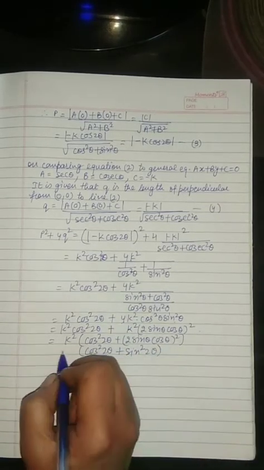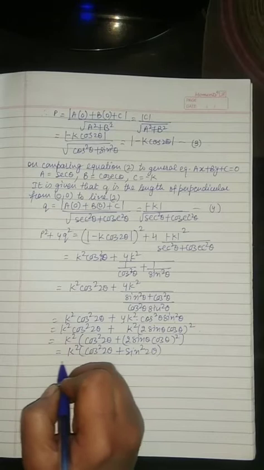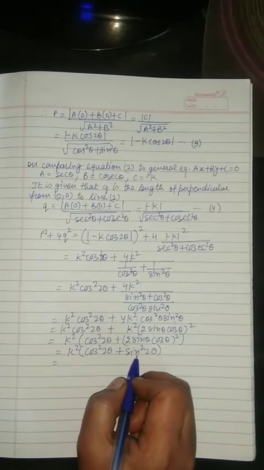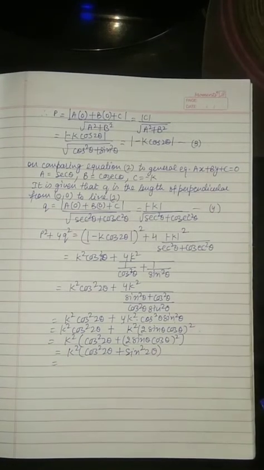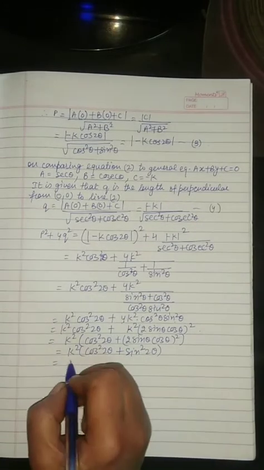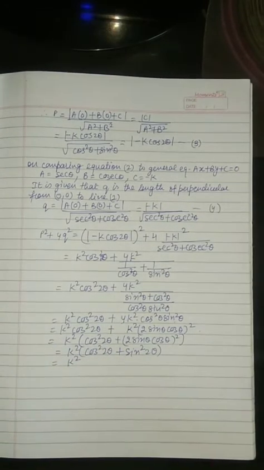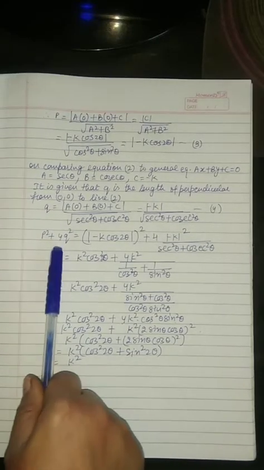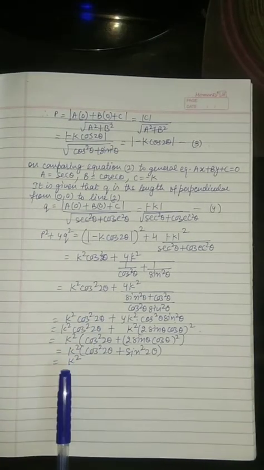Now theta is same, angle is same, so cos square 2 theta plus sin square 2 theta will become 1. So we are left with answer only k square. So value of p square plus 4q square is equal to k square.